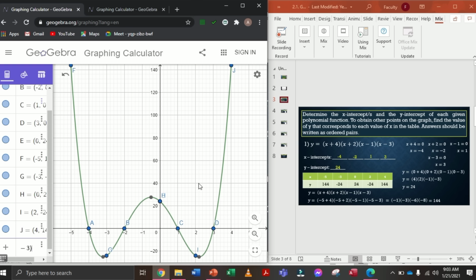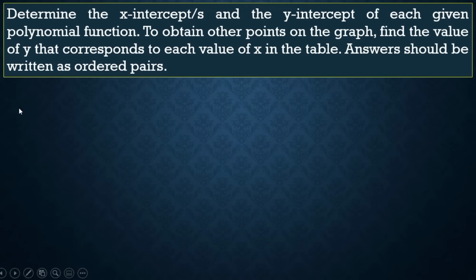Alright, so balik tayo sa susunod na example. Okay, so another, we have y is equal to x cubed minus 2x squared minus 3x. Sa example na to, hindi agad natin makukuha yung x-intercept kasi hindi pa siya naka-factor. So, kailangan in factored form muna itong polynomial function natin.